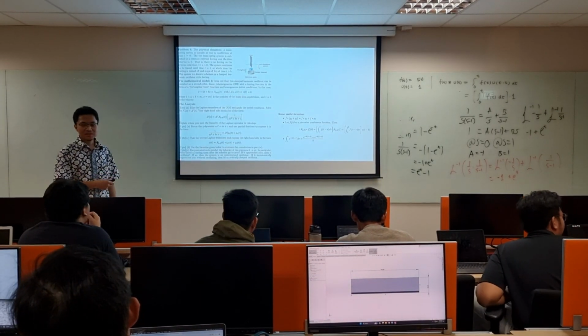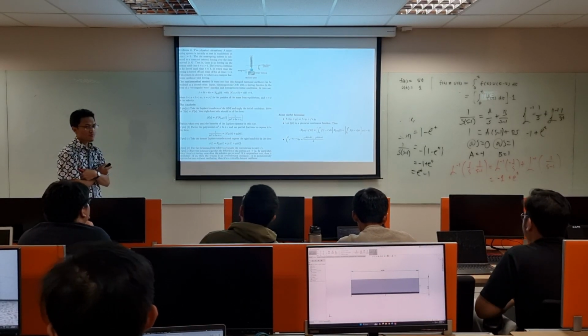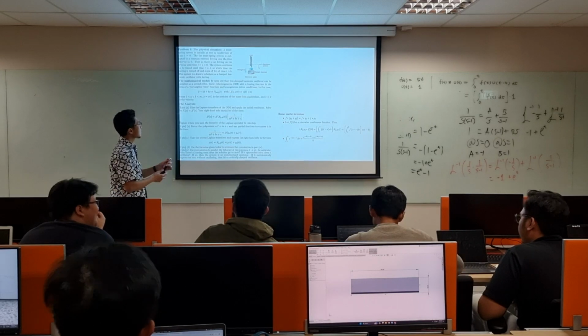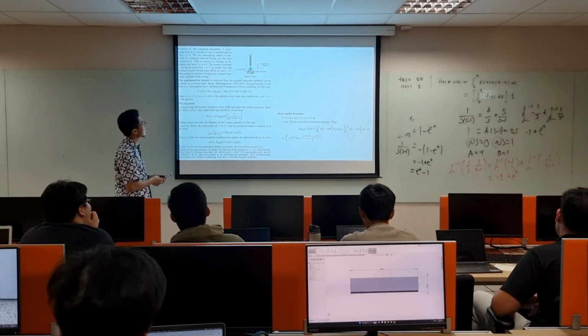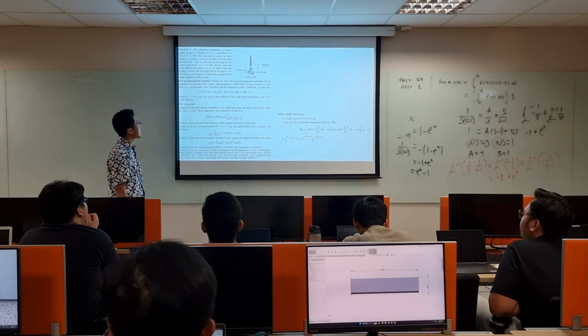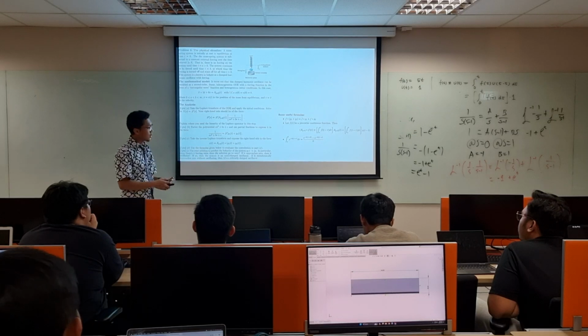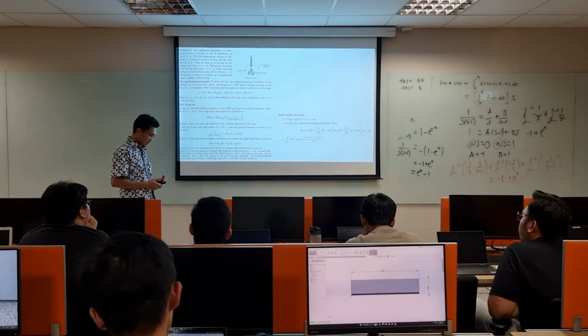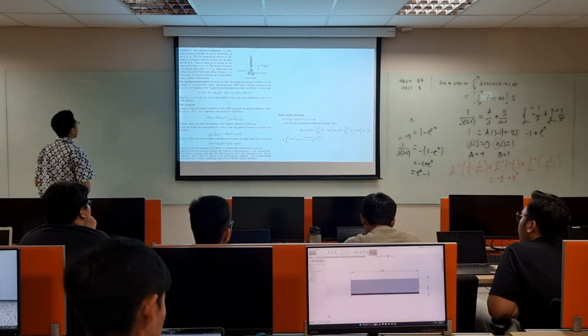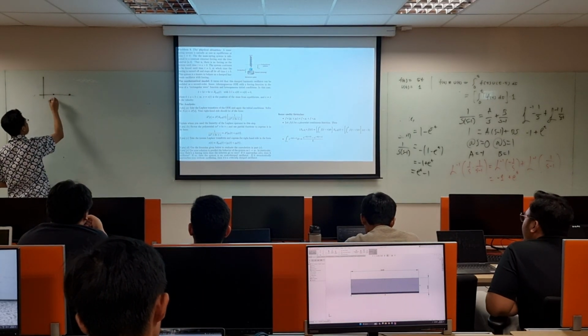This one. What about this? What to do? Read the problem first. The problem says 0 initial condition, and A is less than B. So in that case your input indicator function is going to look like this one.